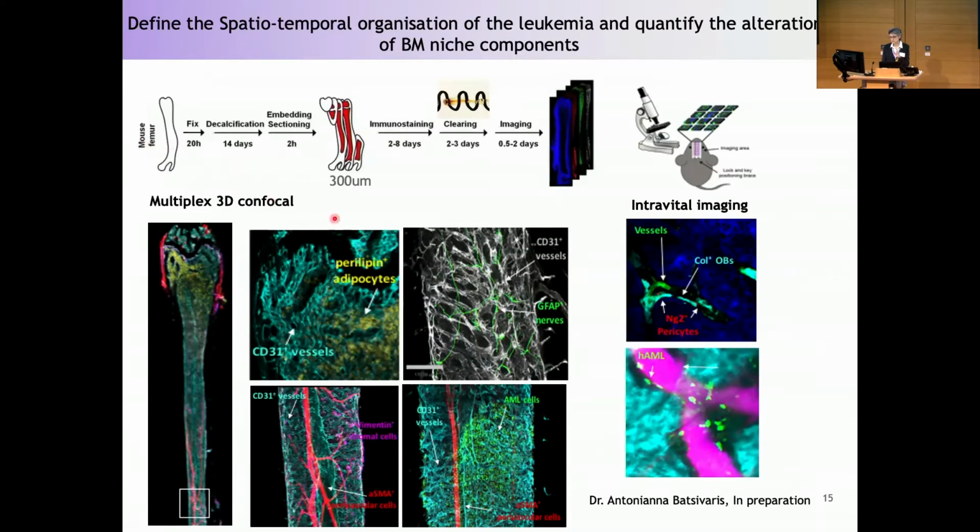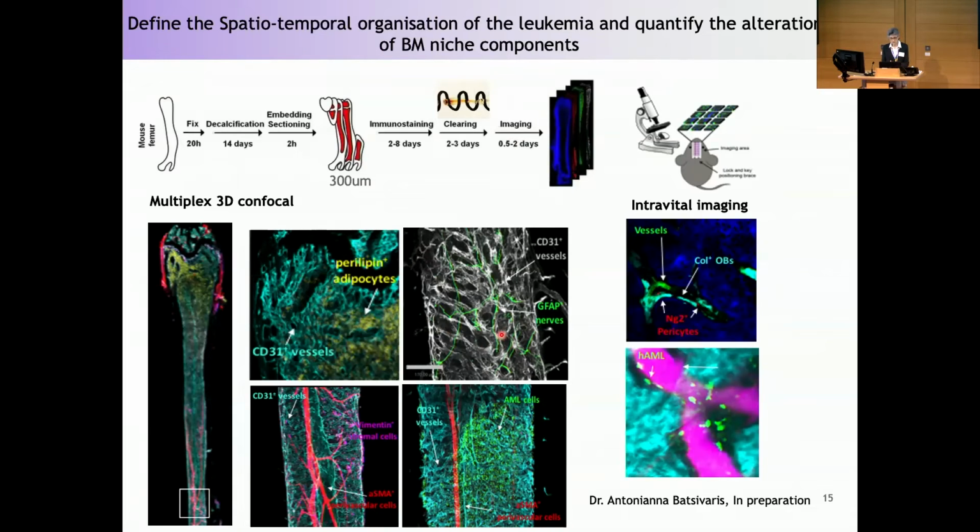She did that in our immunodeficient mice, fixed sections of around 300 micron, and was able to do 5 to 6 colors at one time with clearing of the bones. And you can see here the resolution that we can obtain.